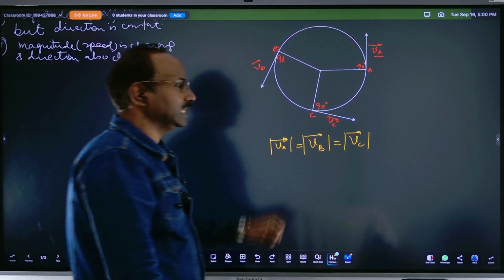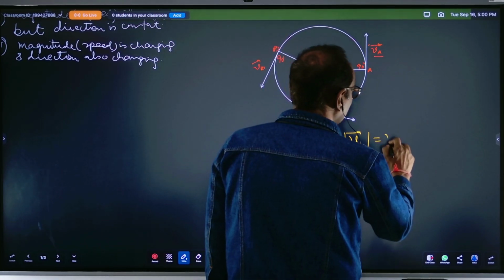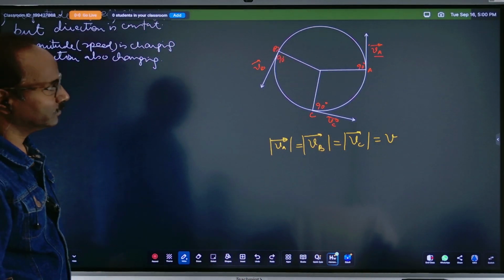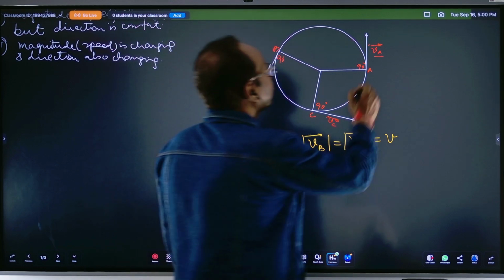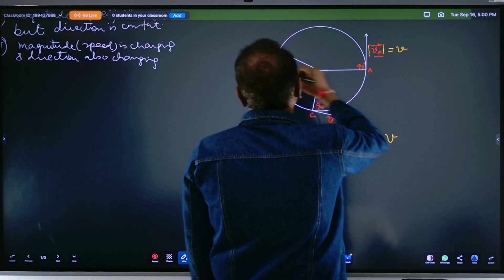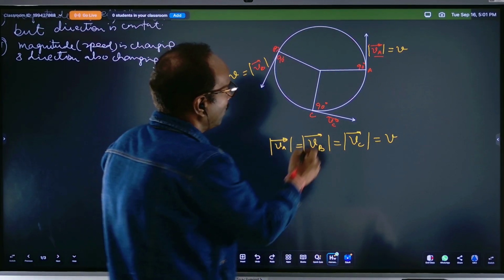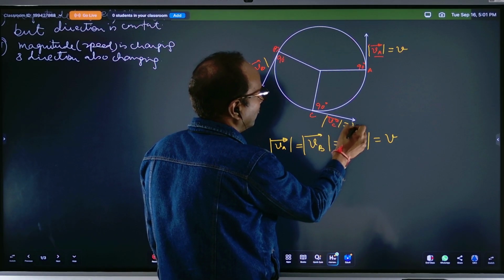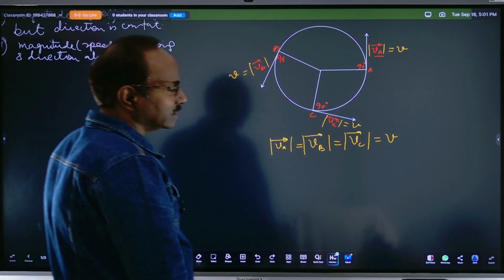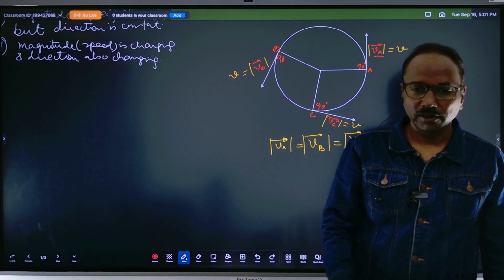It should fulfill this condition, and let us give it a name as V. So for uniform circular motion, magnitude of VA should be V, VB should be V. So then you can say that it is a uniform circular motion. It means the speed is steady but the velocity is changing.